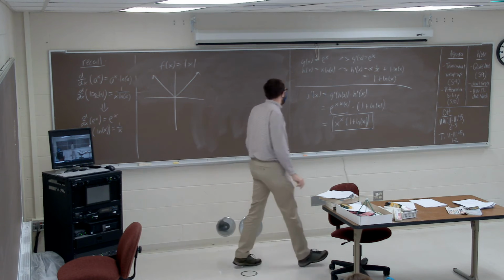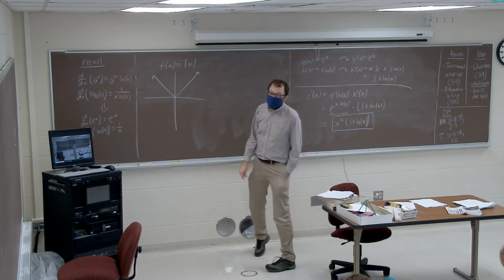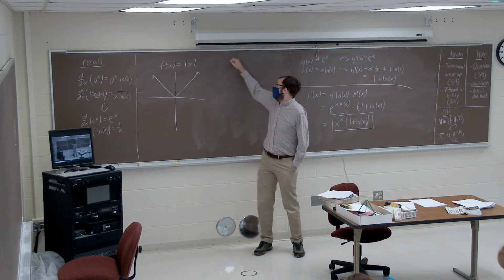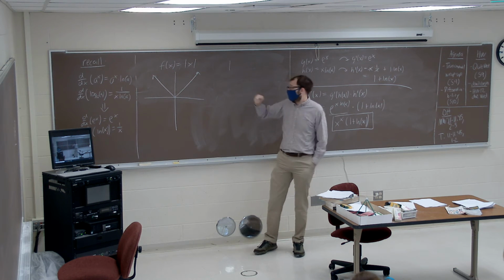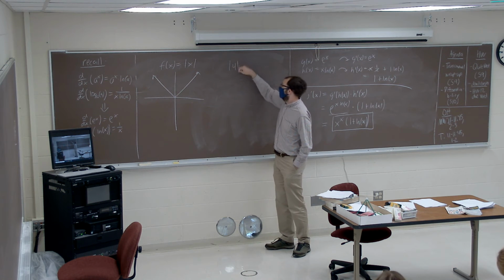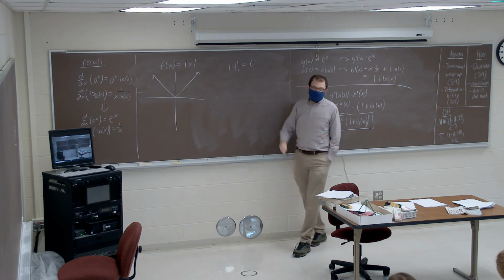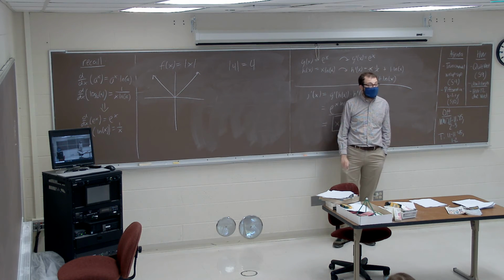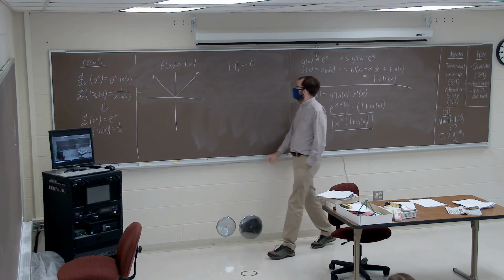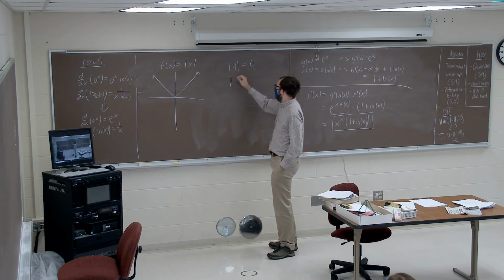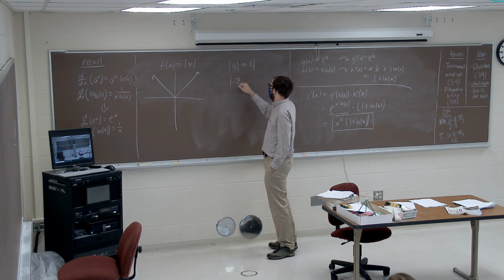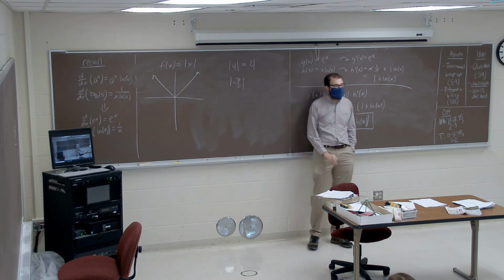Here's what the absolute value function looks like. If I were to ask you to take the absolute value of something positive, like say 4, it's your lucky day, because the absolute value of a positive number is just that number again. What if I asked for the absolute value of something negative?